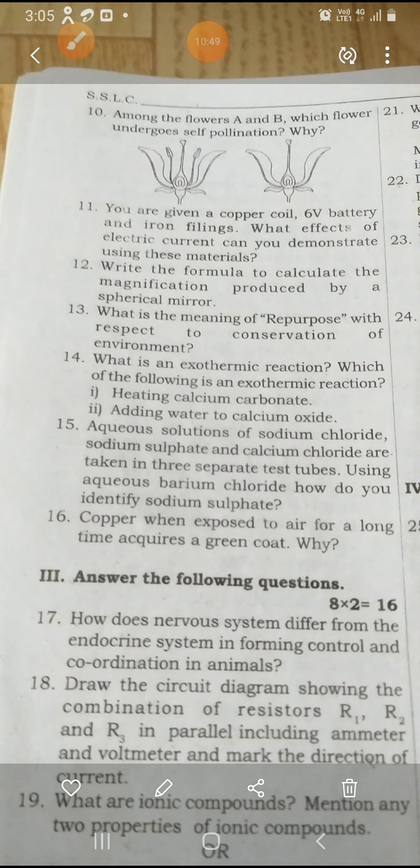For the 15th question, the answer is that barium chloride gives a white precipitate. You have to know this; if you don't know this, you cannot answer this question. So barium chloride, BaCl2, gives a white precipitate with sodium sulfate, but not with sodium chloride and calcium chloride.